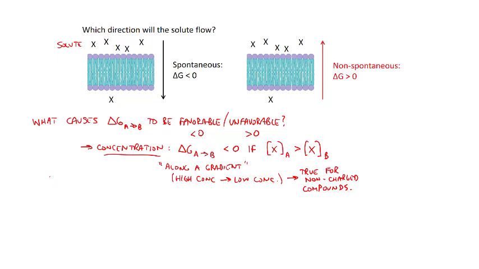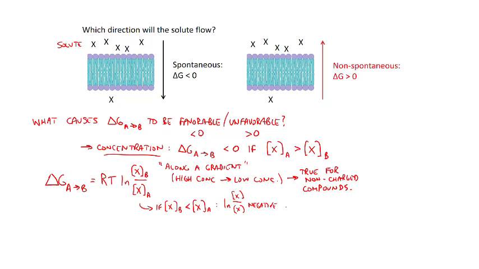So in this case, we can write an equation for the free energy, the delta G of moving from A to B. It's going to be equal to RT natural log of the concentration of X on side B over the concentration of X on side A. So notice here, if the concentration of X on side B is less than the concentration of X on side A, then that means that the natural log term is going to be negative, and therefore the delta G of A to B is negative.